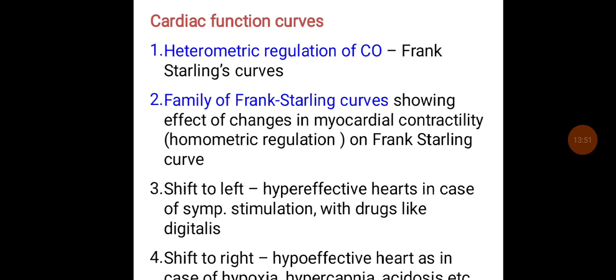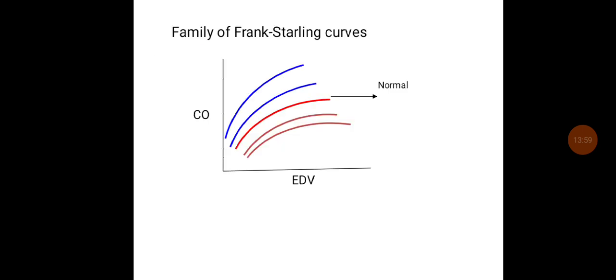Okay, and shift to the right occurs in a hypoactive heart as in case of hypoxia, hypercapnia, or acidosis. Okay, so in hyperactive heart, the curve is going to shift to the left side where it is denoted by the blue lines. In hypoactive heart, the normal curve is shifted to the right side.